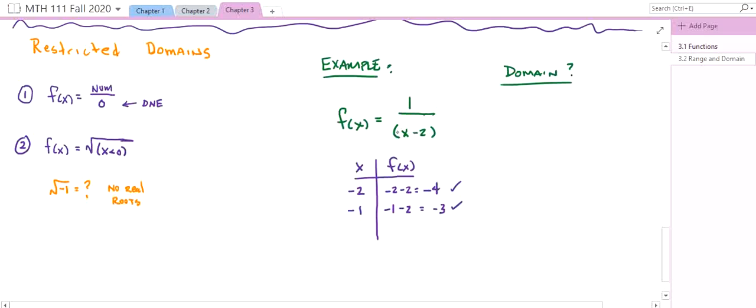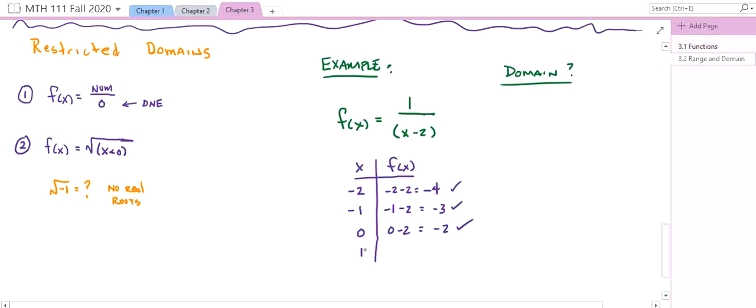Pretty much any negative number we stick in here, it's just adding a bigger negative number to -2, and it's going to work. So that left side works. Then next, let's check 0. This is going to be 0 minus 2 equals -2. Well, that works. That gives us a single answer. So far, from -infinity to 0, this thing behaves like a function. Y is a function of x, or f of x.